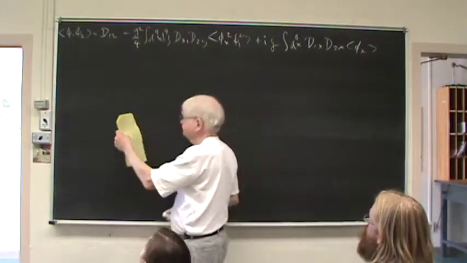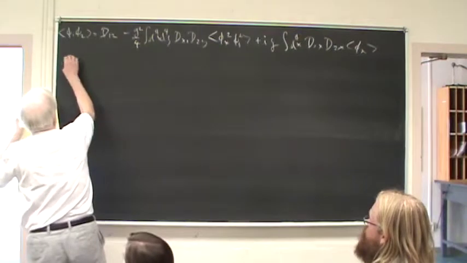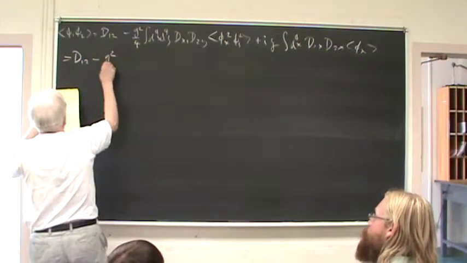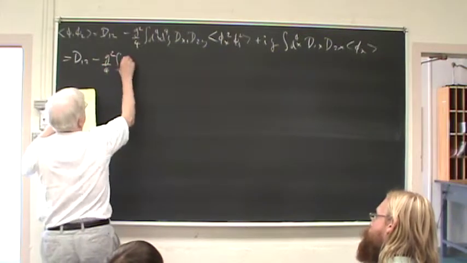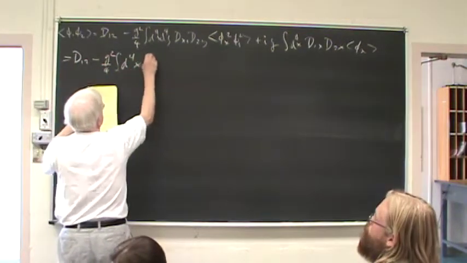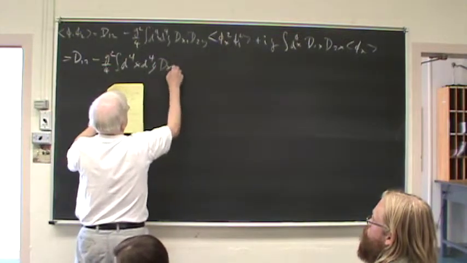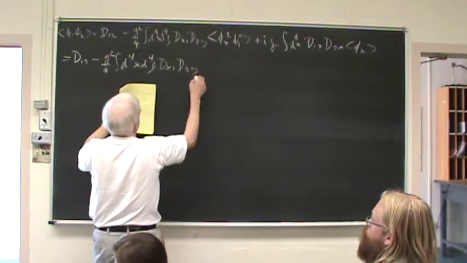And that's D12 minus g squared over 4 d⁴x d⁴y dx1 d2y.